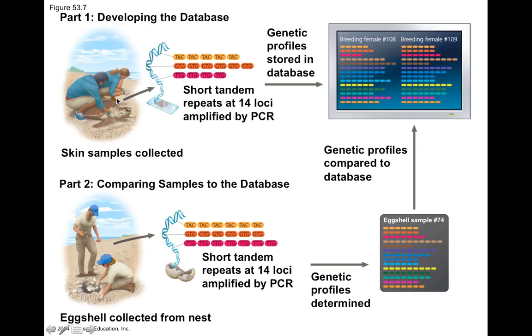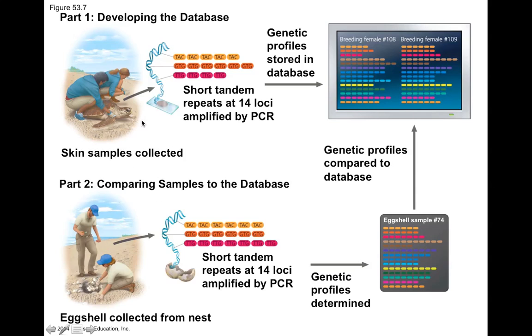So an individual will only have so many of each of these short tandem repeat loci, and you can compare because the numbers of units in each of these repeats is going to vary from individual to individual. So it's just like a fingerprint, only it's encoded in the DNA.